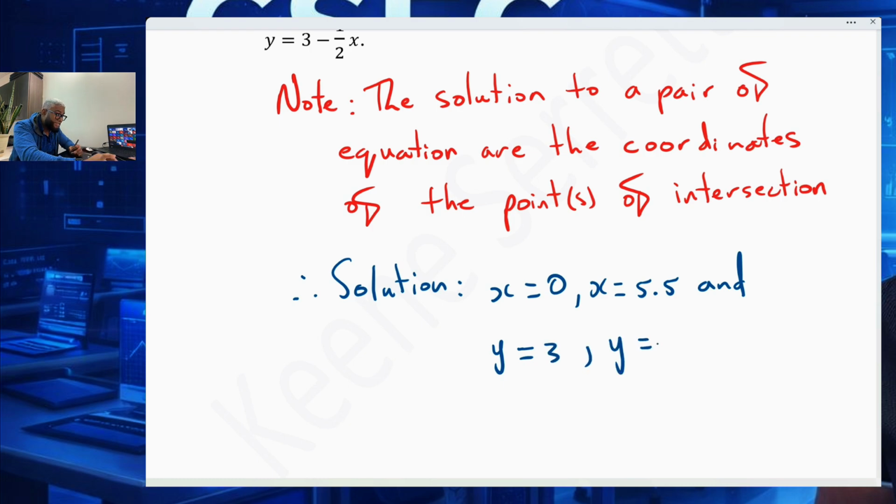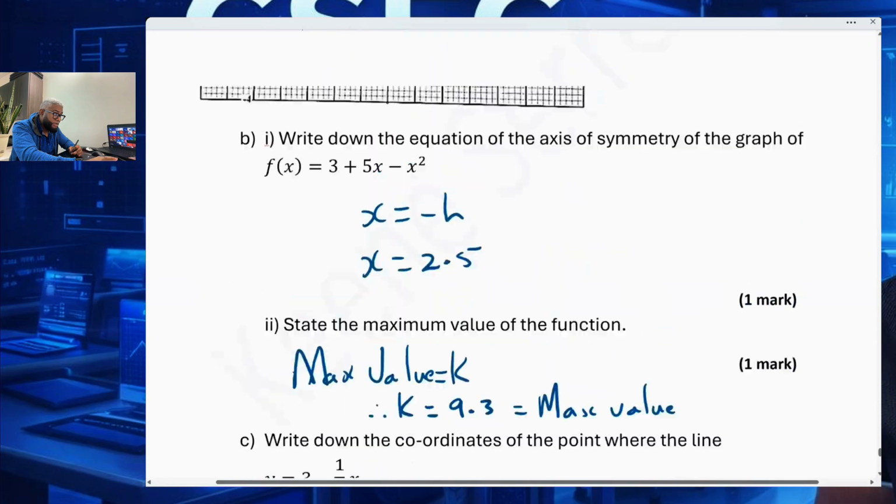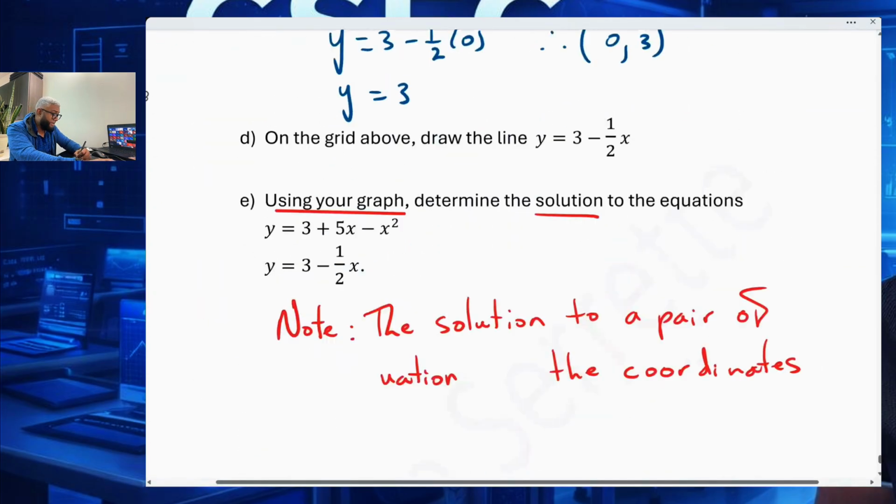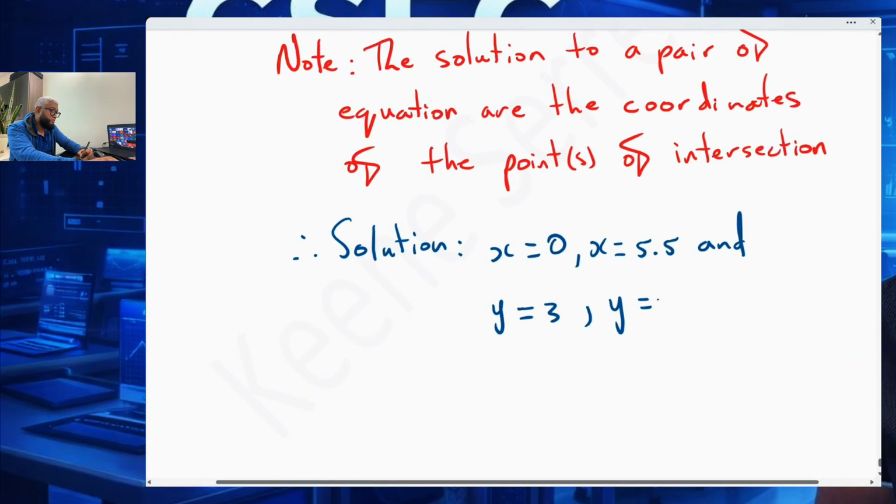I think it's exactly 0 point something for me. Exactly 0.2, directly on that line. This will be the solution to my pair of simultaneous equations. All right? We had some fun here.